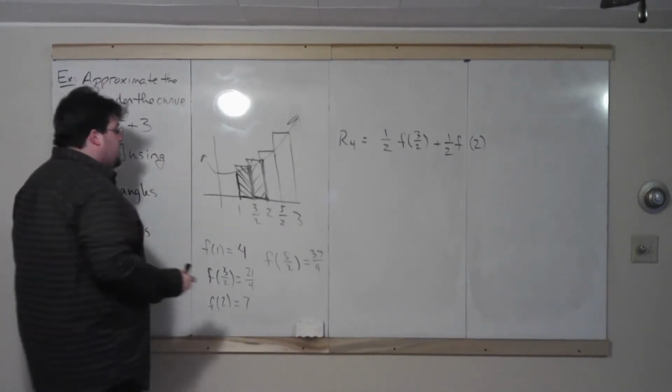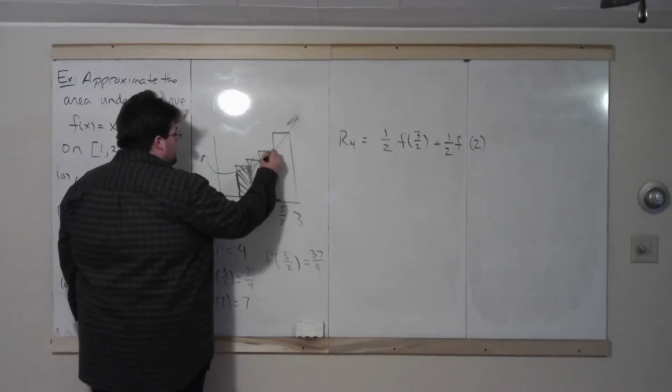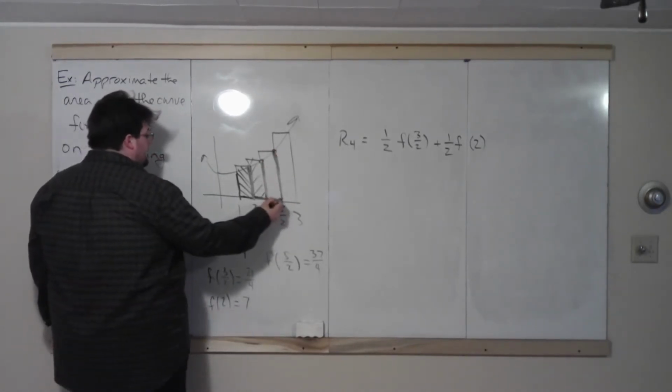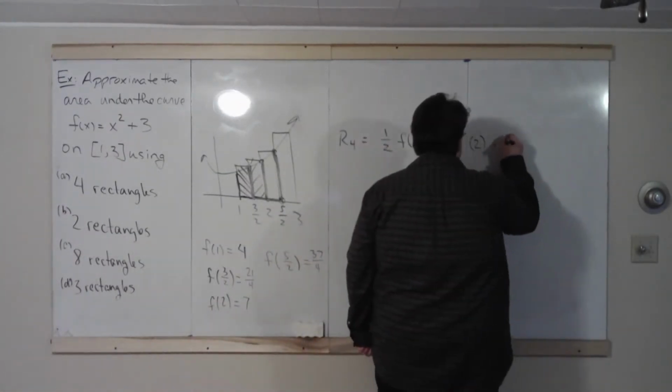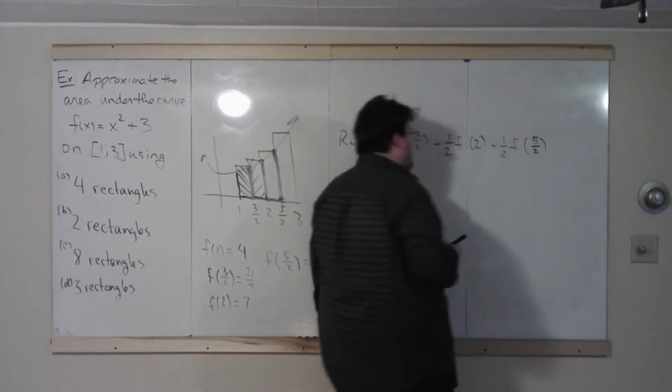The third rectangle, the base is still 1/2. The height is given by this line, the function evaluated at its right endpoint, 5 halves. So 1/2 times f at 5 halves.